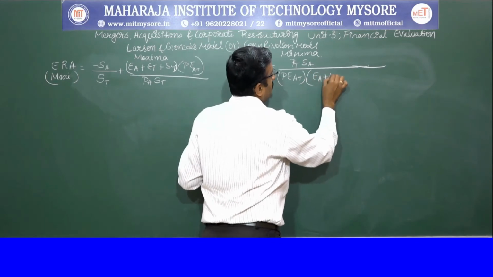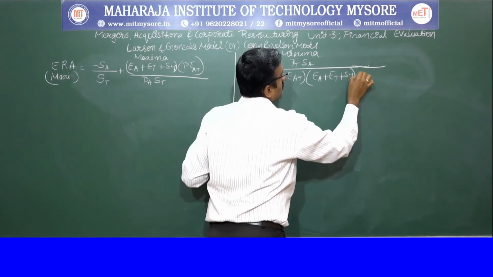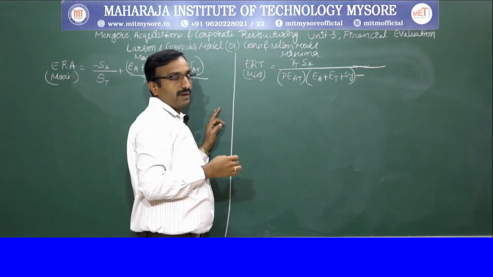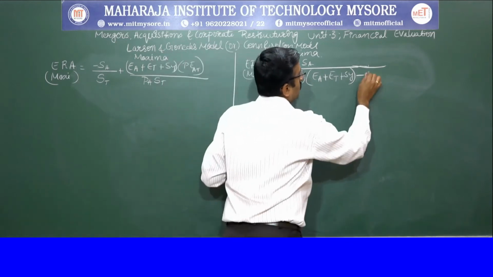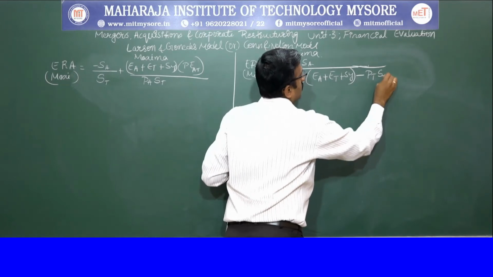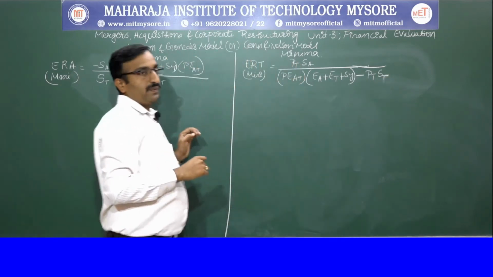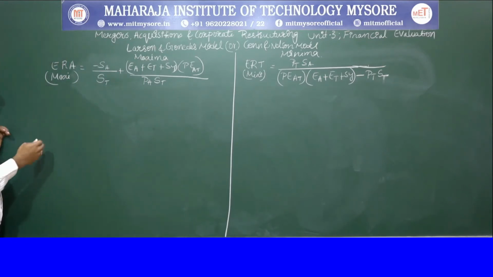Earnings of A, here earnings of T plus synergy minus, all minus P of T and S of T. P of T, S of T company. Okay, we consider. So then you go to the different times they have given.